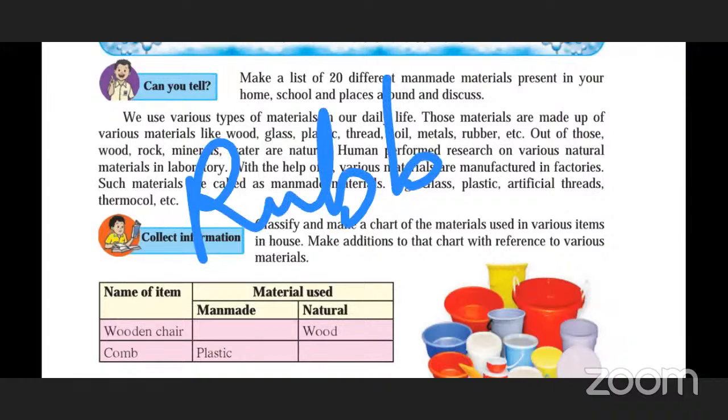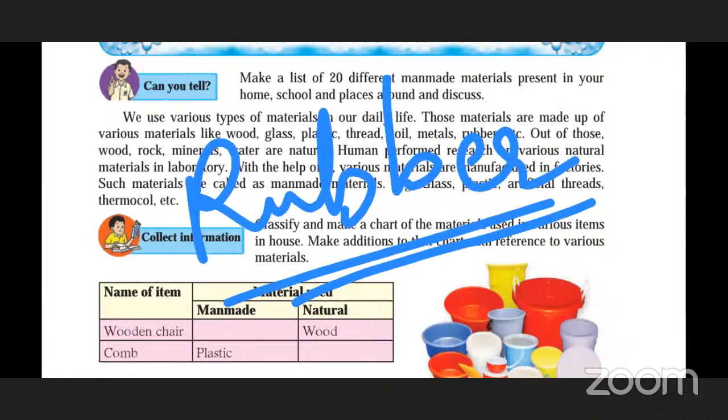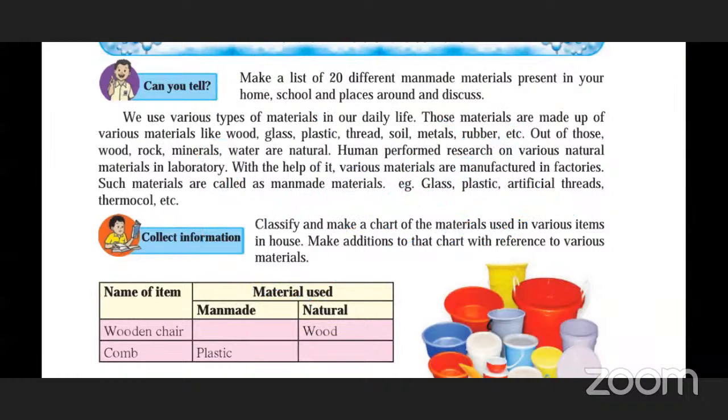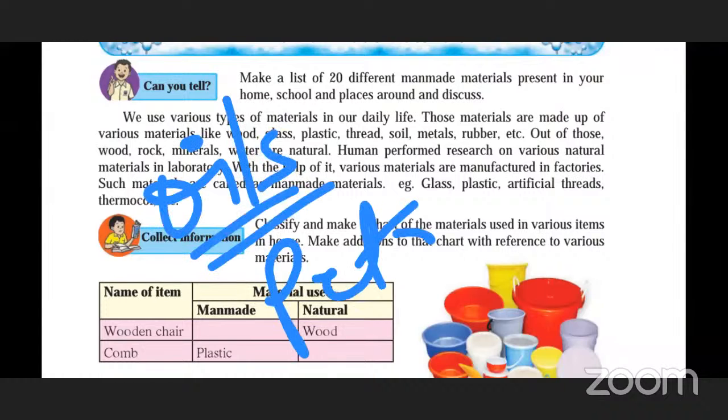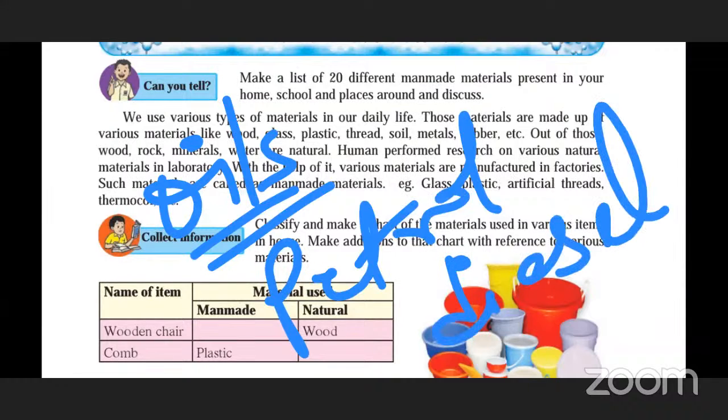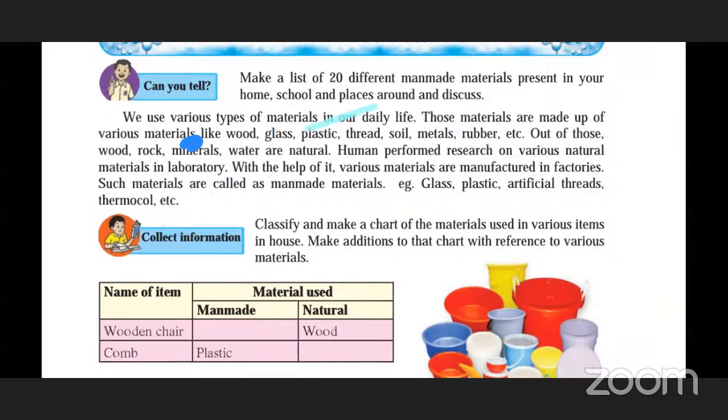Rubber is again an example of natural material. Then we have oils, different types of oils, the petrol, diesel, natural gas. So these all are the examples of natural materials.